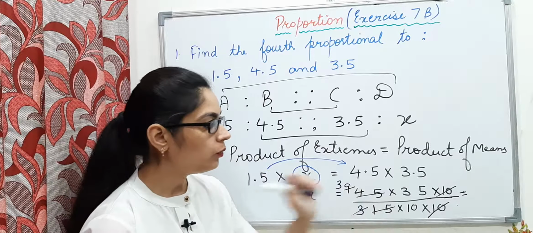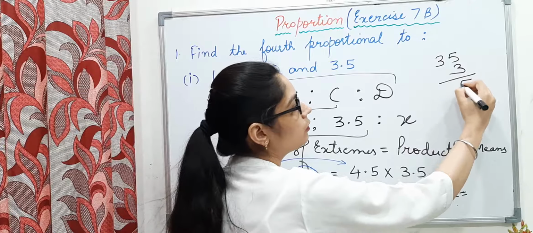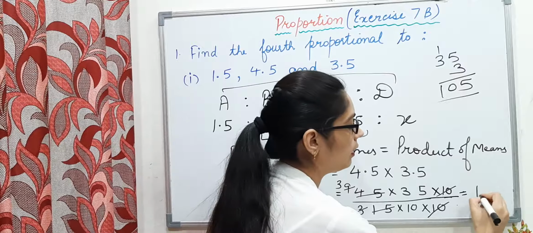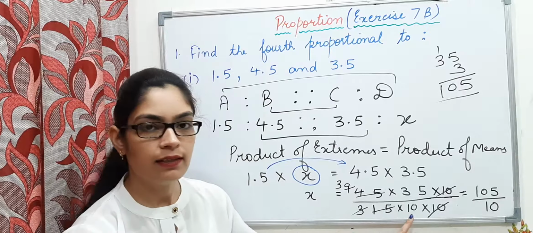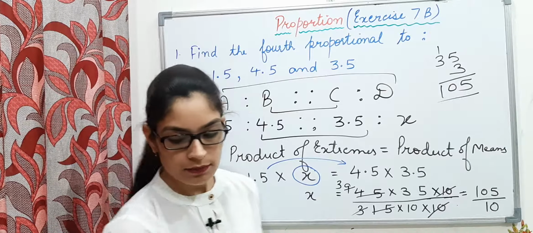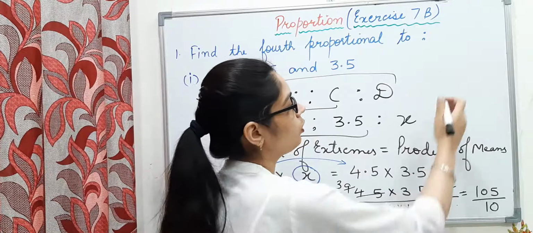Now 3 into 35, we can multiply, 15. So it is 105 by 10, because there 10 is there in the denominator. So 105 by 10. Now directly we can write this in the decimal form.